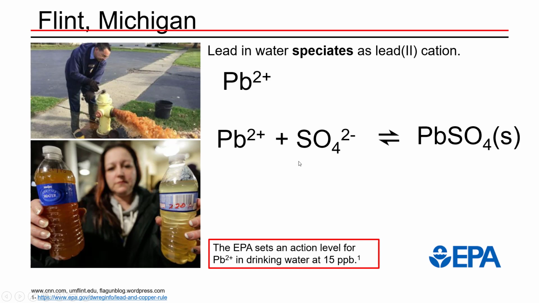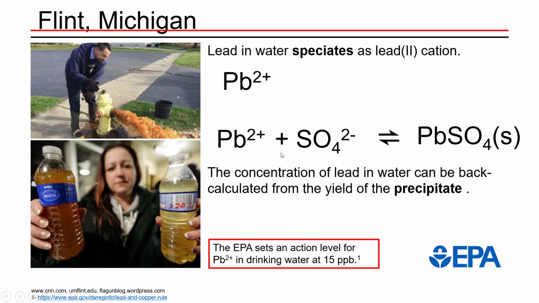If you're doing a gravimetric analysis for lead, sulfate anion, SO4 2-, is a precipitant, a reagent that causes precipitation, which is often used in the gravimetric analysis of lead. When lead 2+ cation reacts with sulfate, it forms the insoluble solid lead 2 sulfate.